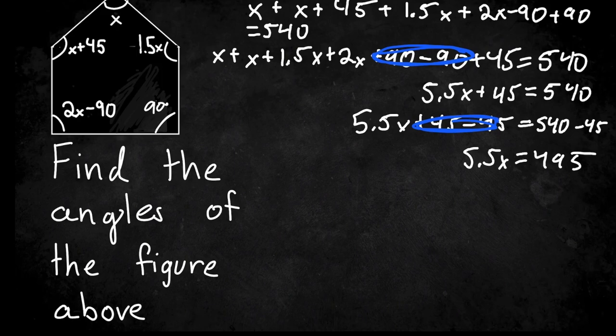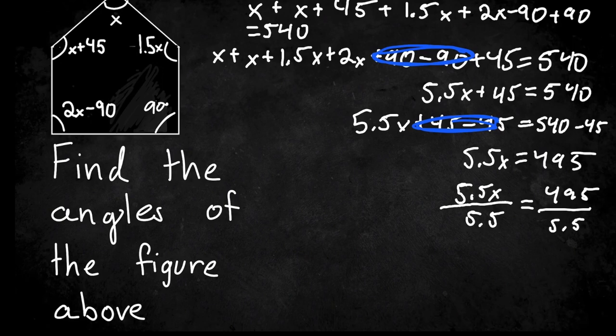Now we do the next step, which is to divide both sides by 5.5, since we multiplied it and we are doing the inverse operation. So we get 495 divided by 5.5. This equals 1x, so we are left with the x. That means x equals 90.